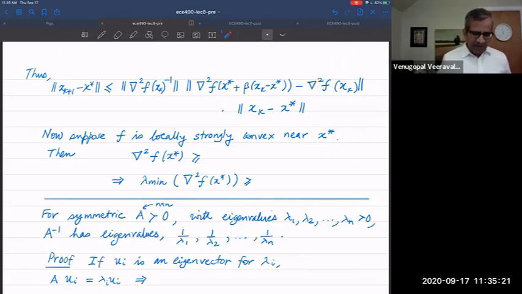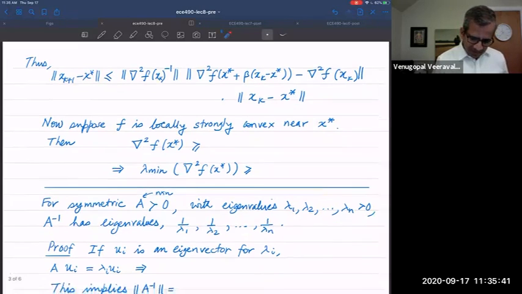So I've now related x_{k+1} minus x star to x_k minus x star, just like I did previously when we talked about strongly convex functions and convergence. Same step, but this looks a little more complicated.